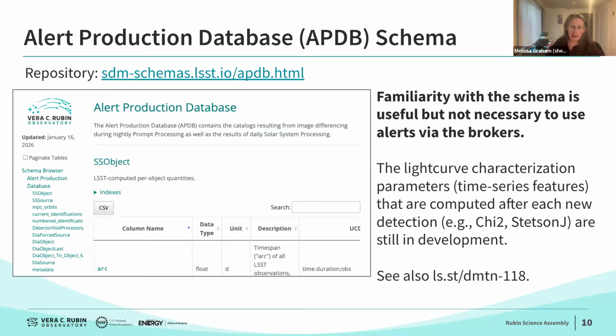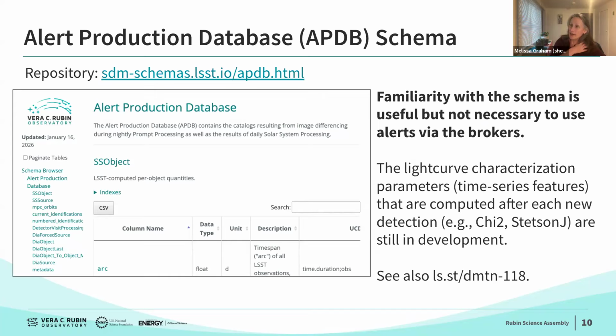You can find it at sdm-schemas.lsst.io. All Rubin schemas are at that one same site. And then /apdb gets you to the alert production database schemas. And again, familiarity, knowing exactly how alerts are formatted, is not necessary to use the brokers, but maybe informative, which is why it's here.